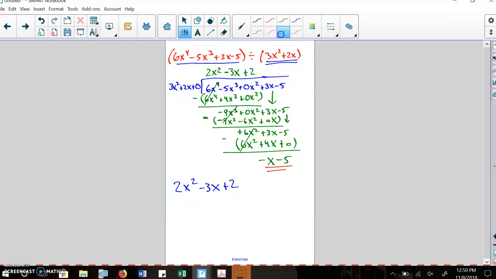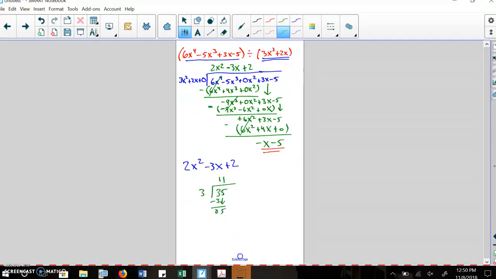And then just like in regular long division, let's say for example I was dividing 35 by 3. 3 goes into 3 once. Distribute, bring it down, drop the 5. 3 goes into 5, also one time. 1 times 3 is 3. And when I'm done, I would have a remainder of 2. What that means is my answer would be 11 and 2 divided by 3.